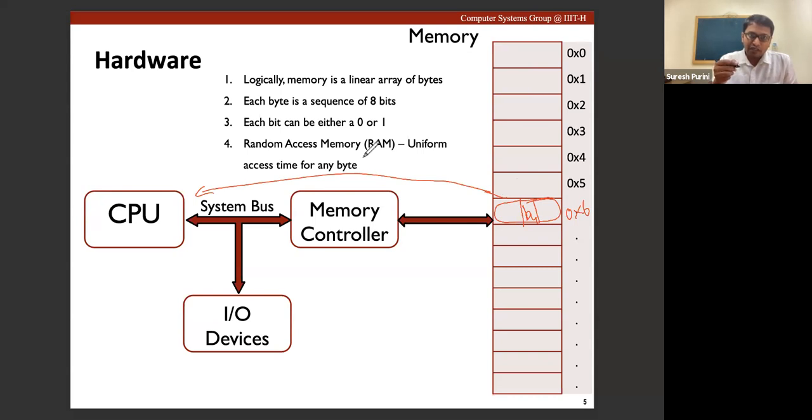You don't have an address beyond it. So there is this question: why do you think there are no addresses for each of these bits? Does it make sense to have an address for each of the bits?